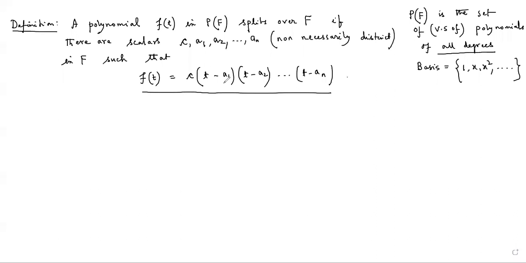That is actually very important. For example, suppose f(t) is equal to t squared minus 1, and suppose the corresponding field F is the set of real numbers. We can easily factorize this as (t - 1)(t + 1).